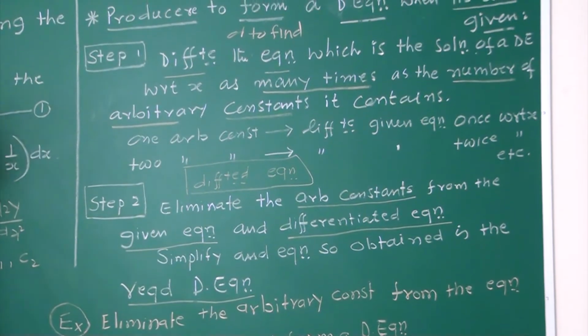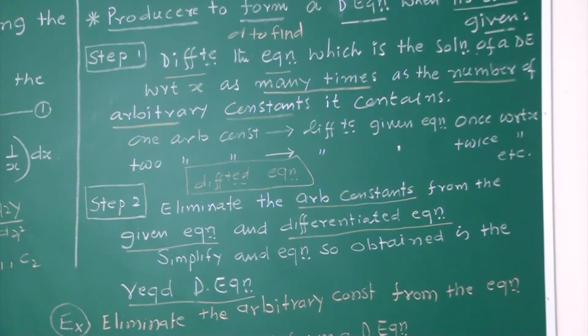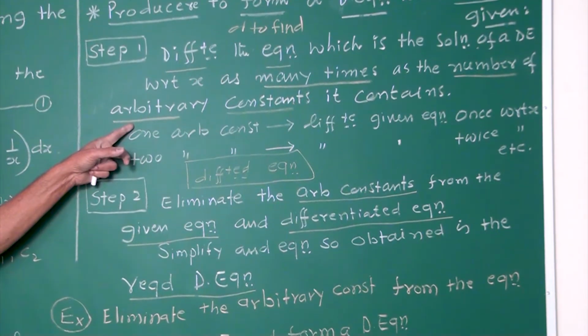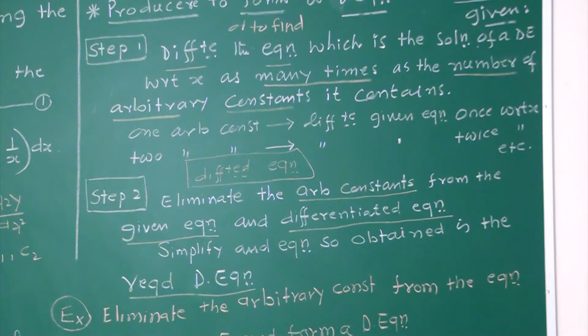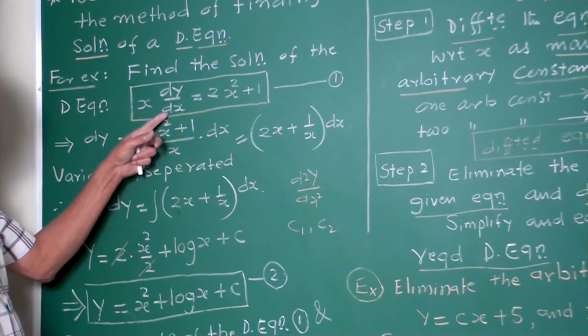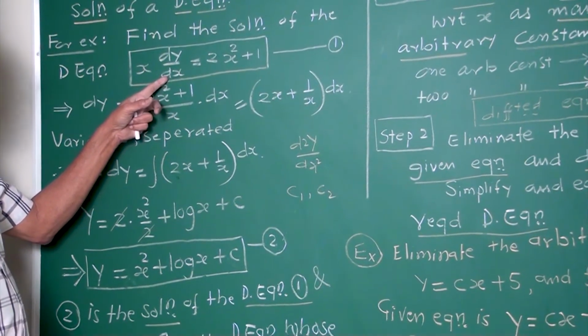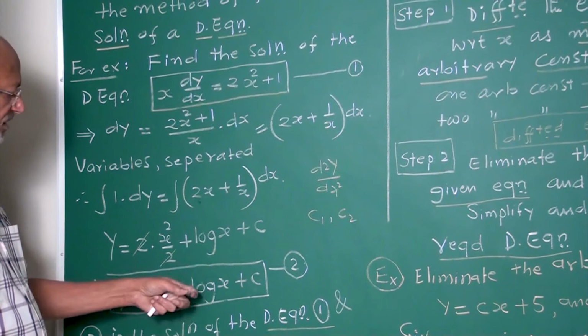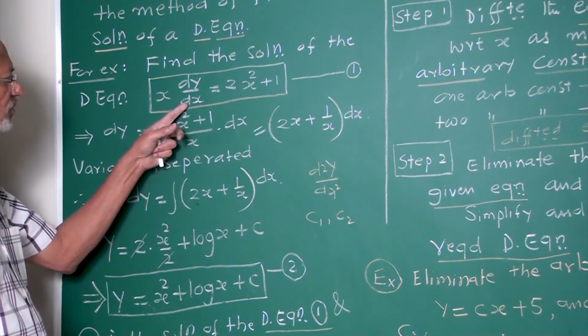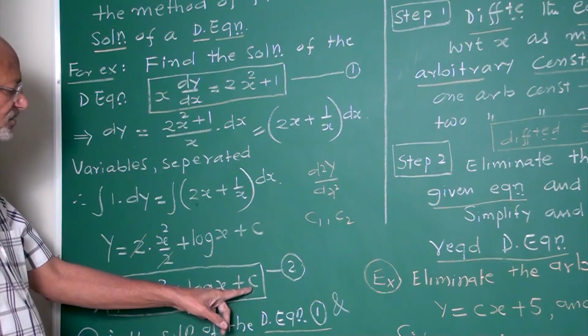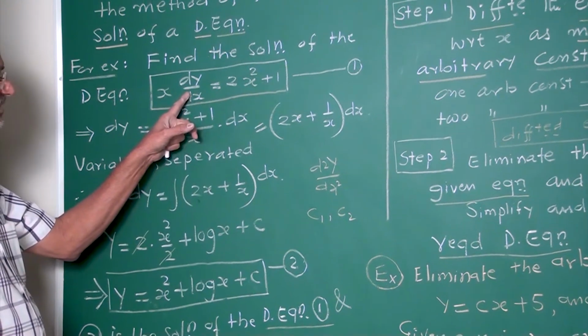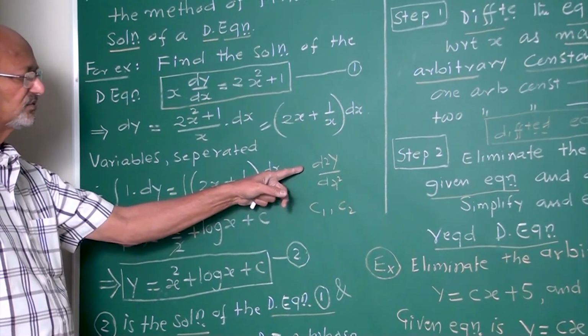This is the method, my friends. Don't have any doubts why you are differentiating. Why? Given is a solution. A differential equation is an equation which contains derivatives. To get the derivatives from this, we have to differentiate. How many times? 1, once. 2, twice.